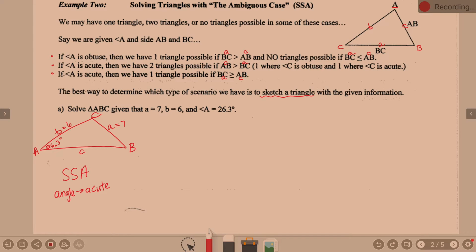And as we look at that angle, notice the side opposite it is bigger than the other side. So A is bigger than B. So this falls into this bottom one right here. The given angle is acute, and its side is bigger than the other given side. We're just going to have one triangle option.